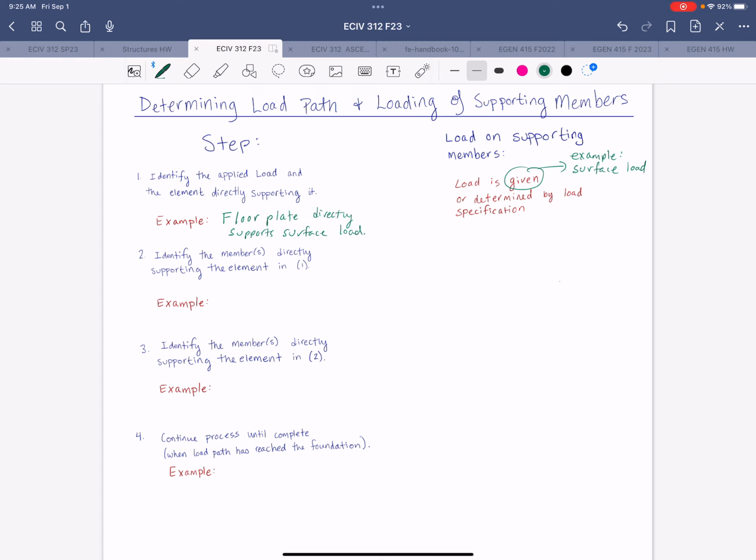All right, so then the next step would be to identify the members that directly support the element that you identified in the previous step. So those are those 3 beams that I highlighted yellow on the other page. They were labeled A, B, C, D, and E, F. And those support the floor surface continuously.